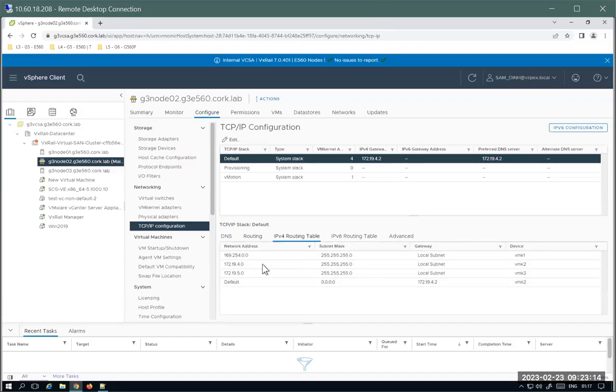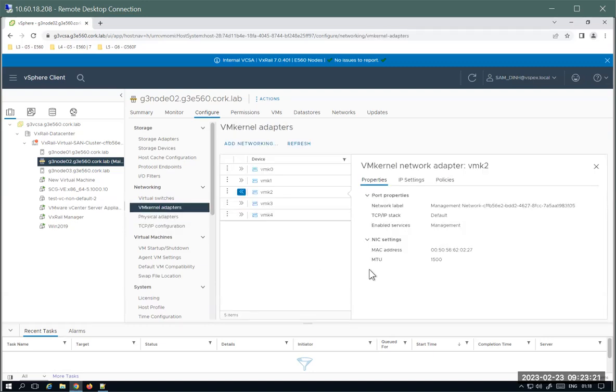So you can understand that they are on the same street. But when you come to vMotion, here it is standalone on a VMK.